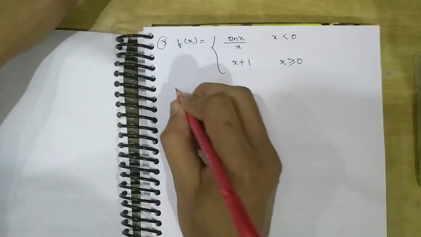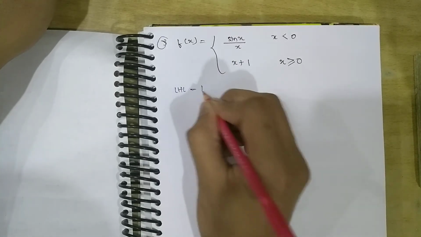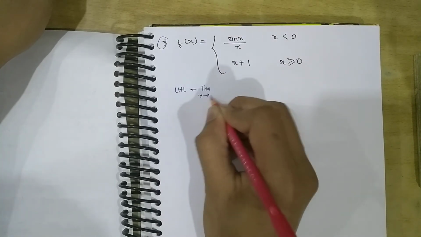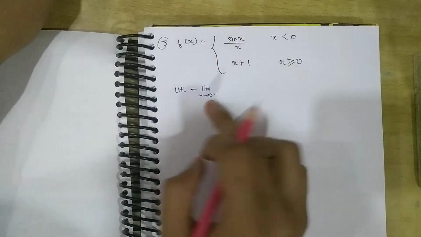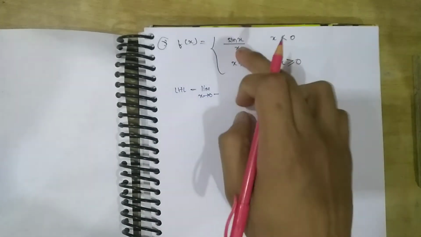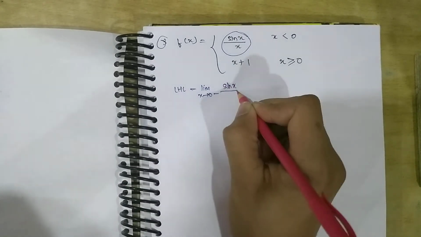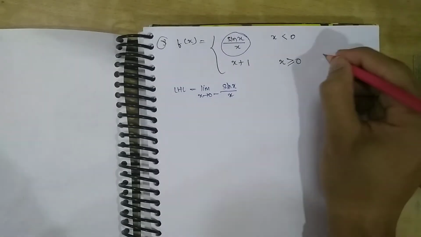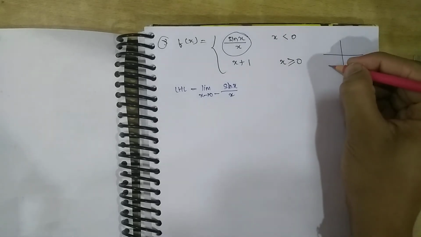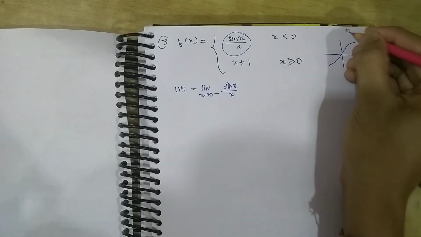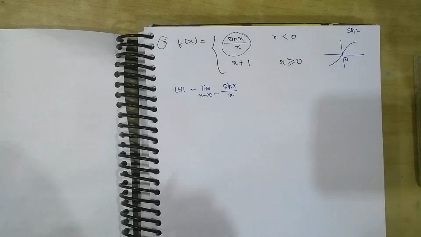So let's consider the LHL first. LHL is nothing but limit x tending to 0 minus, and so we are considering a negative number, so we take f(x) as sine x by x. Now if we think over how the graph of sine x looks around 0, it looks like this.